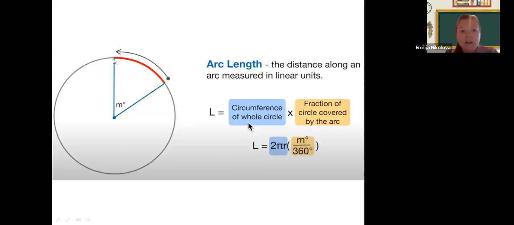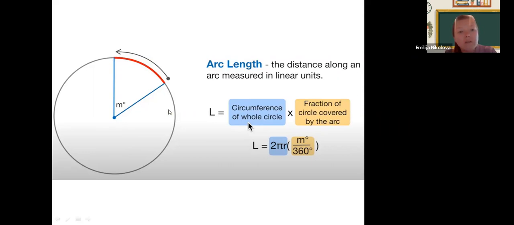As well, here we have the arc. The arc length is the distance along the arc measured in linear units. So we need to find the circumference of the whole circle times the fraction of the circle covered by the arc.